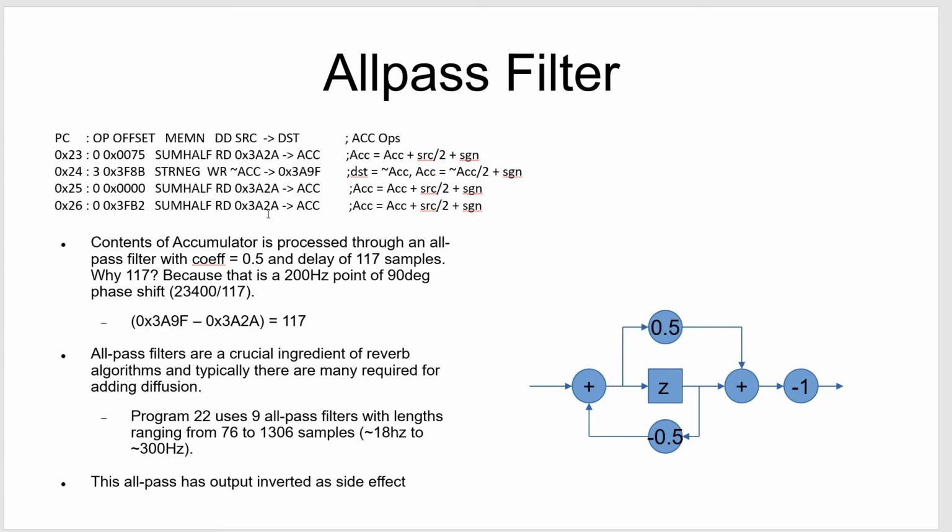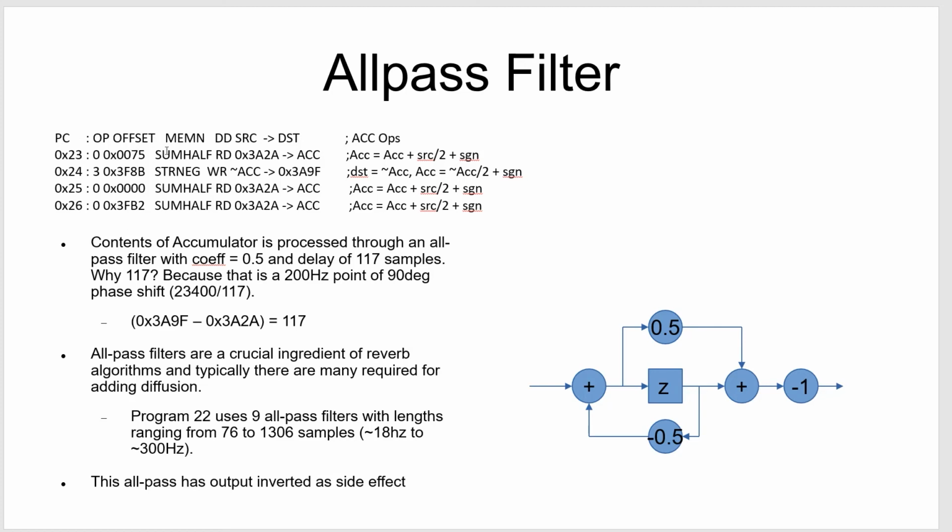So how does it get how many stages? You look right here at this instruction and this instruction. The difference between those is 117 steps. So you're saying, well, where is 3A9F? I don't see 3A9F anywhere. Okay, remember it's one behind, so it's going to be in the instruction up here.